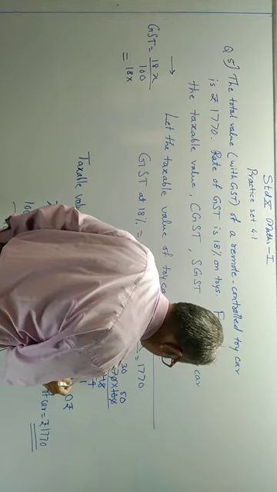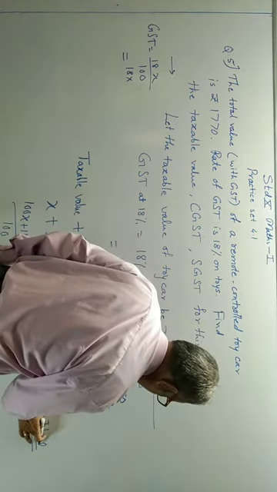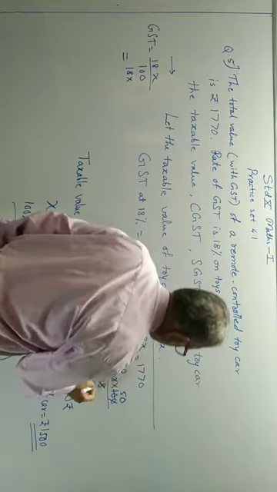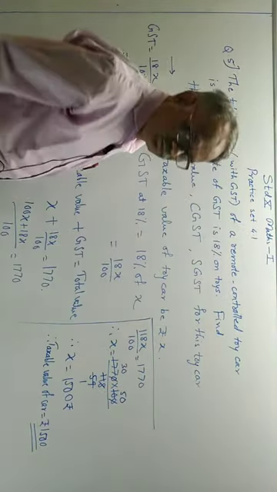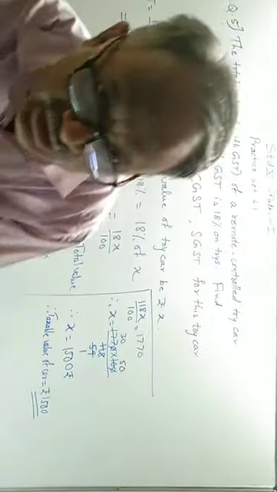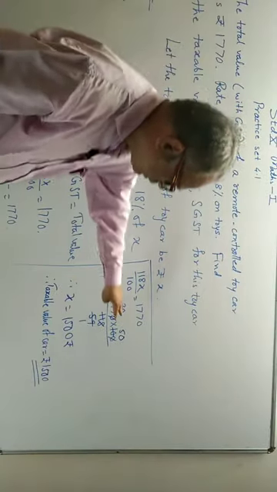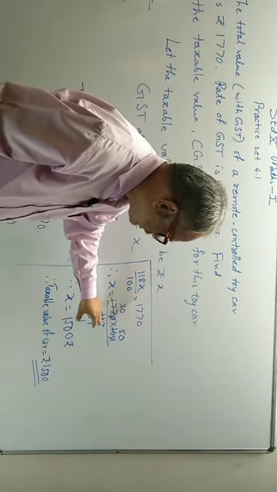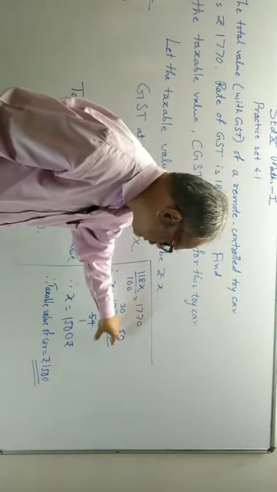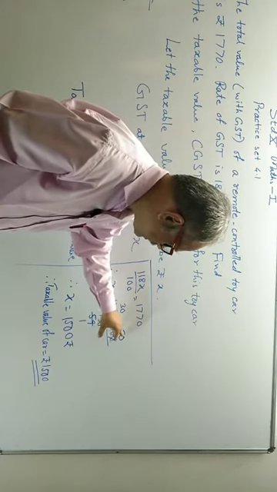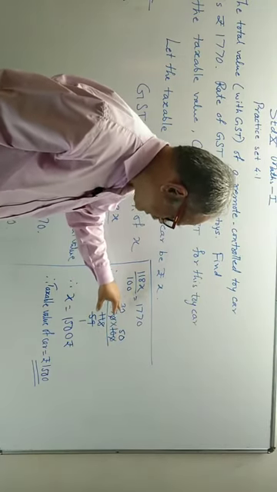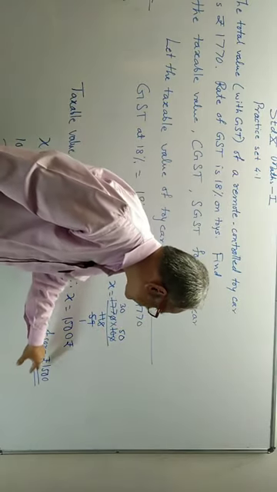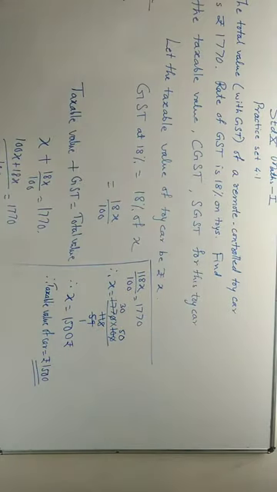A mistake is made here. Once again, neatly observed, it was 50 here. First we cancel by 2, 5, and here 50 should be written, not 59. 30 into 50 is 1500. Taxable value is 1500. Now x value is 1500 upon 100.